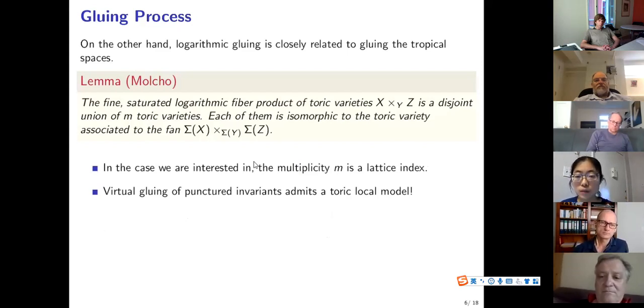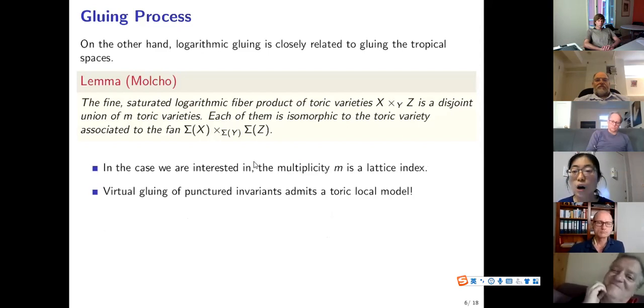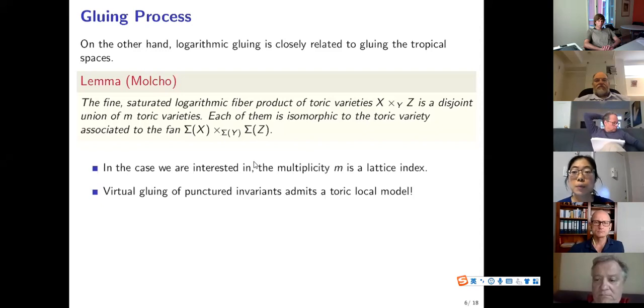And the lemma by Sam Molcho, that I learned from one of his notes on arXiv, is that the fine saturated logarithmic fiber product of toric varieties is a disjoint union of M toric varieties. And each of these toric varieties is isomorphic to the toric variety associated to the fiber product of the fans. So it means that we can use the tropical insights of this question to do the gluing in the category we want.